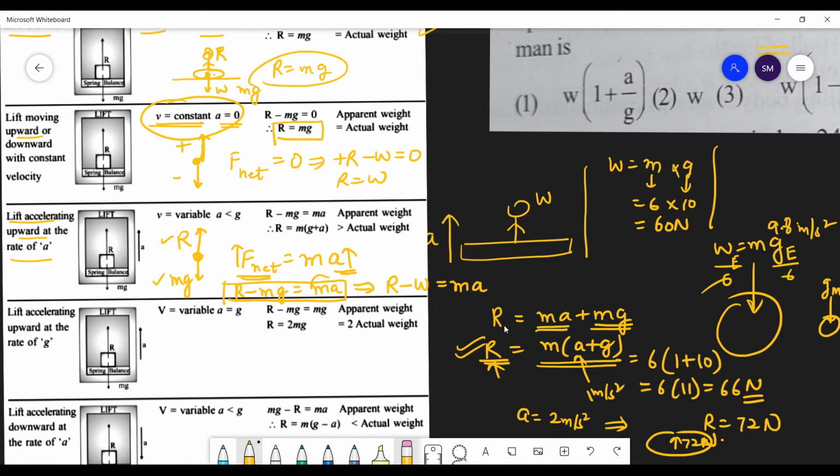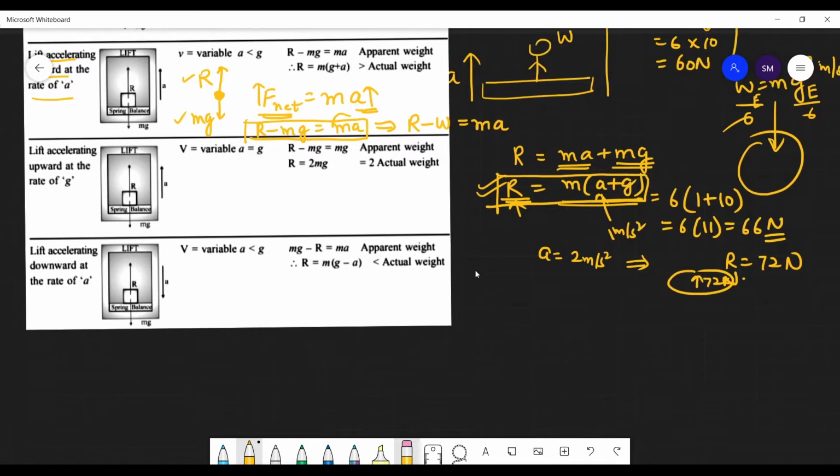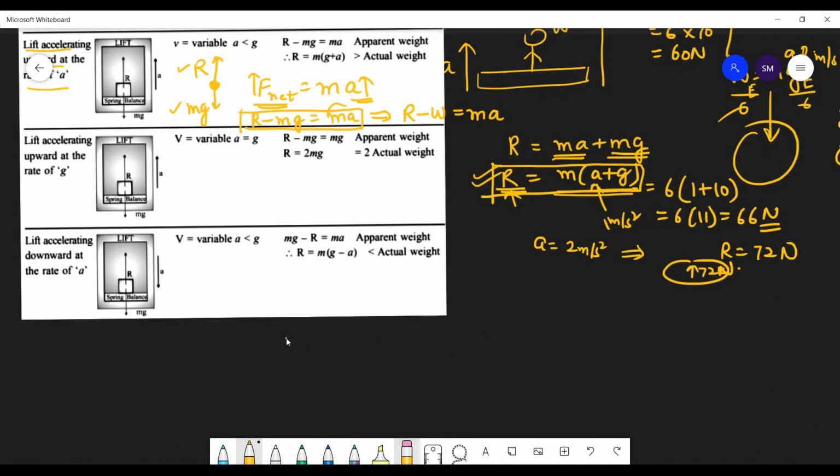So now you have understood, you just write down this formula. The formula is apparent weight is equals to m into A plus g. Suppose now if the lift is moving downward, then the downward force is your weight mg.